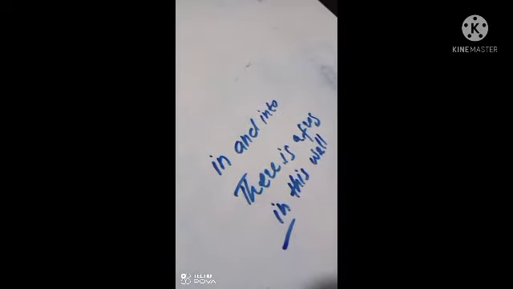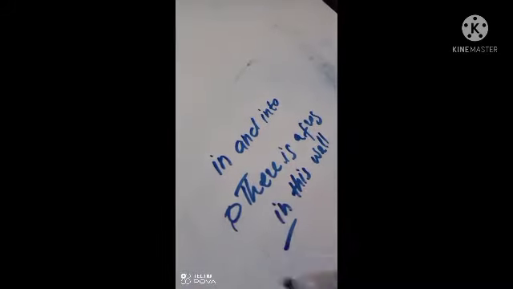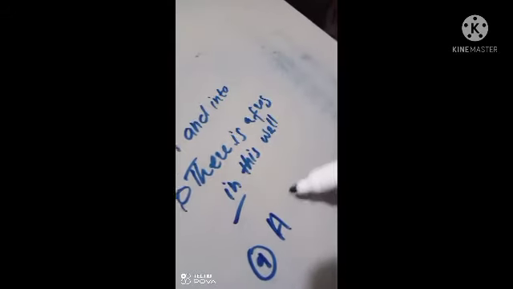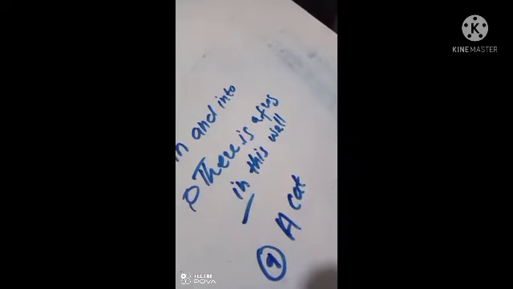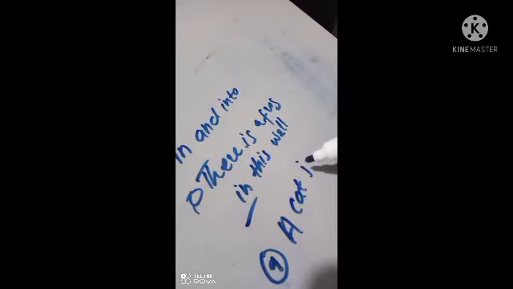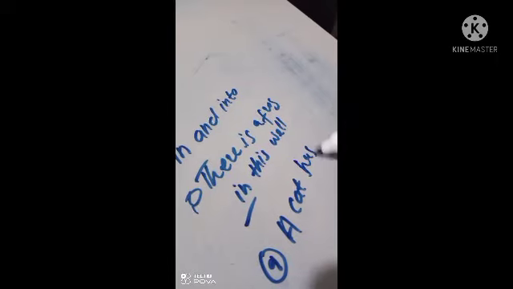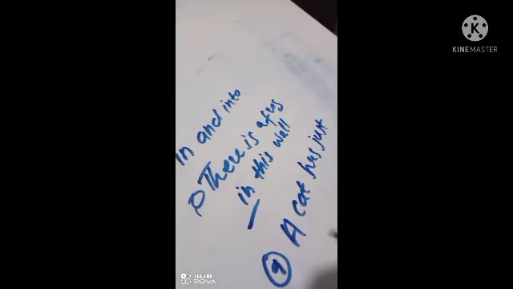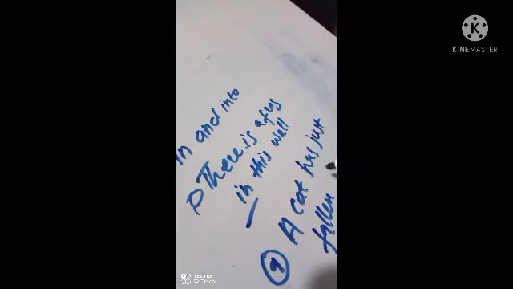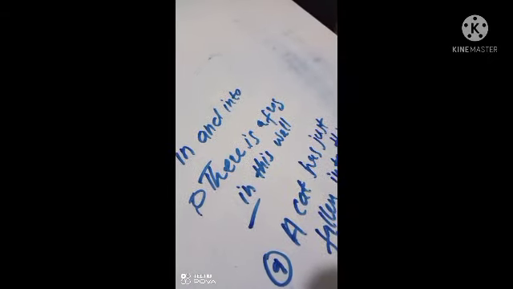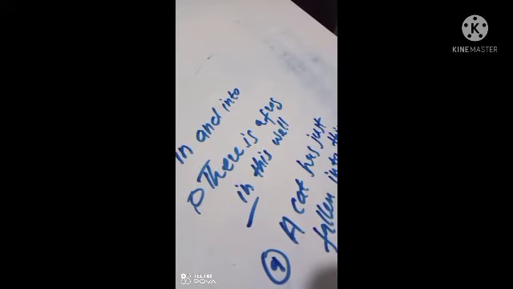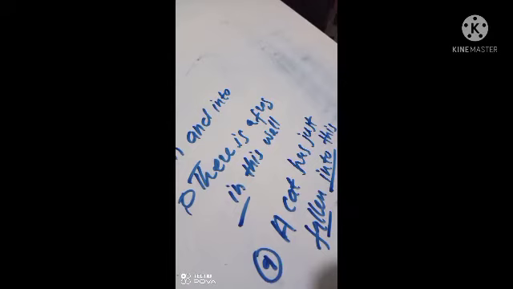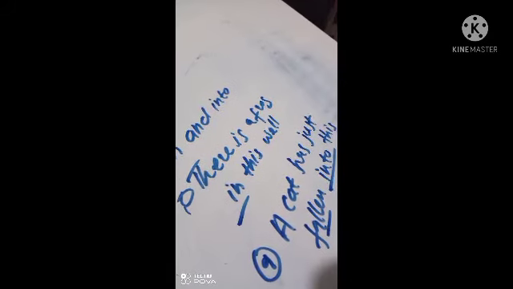The frog is inside the well. Take an example of "into". A cat has just fallen into this well. So here the position is fallen into this well. So here is movement.